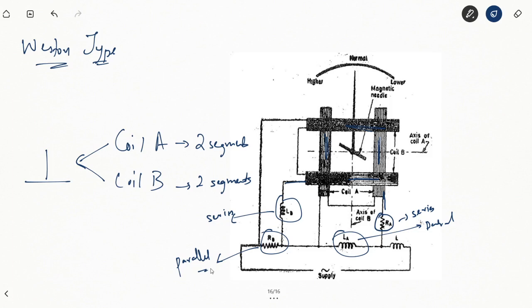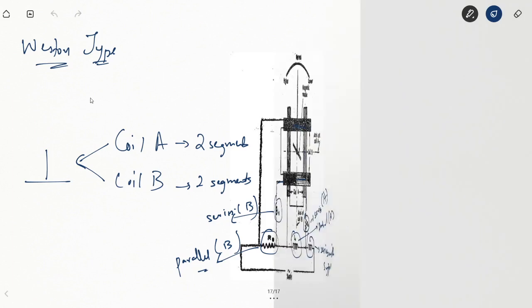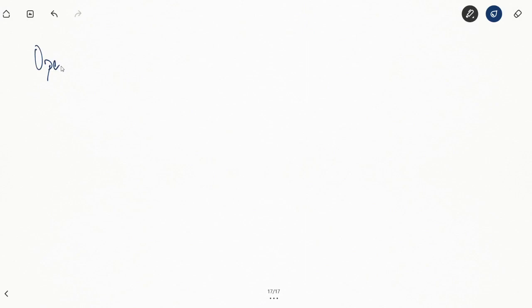And both these two coils are connected to the supply voltage through an inductance L. This is in series with the supply, this is in series with coil A, this is in parallel with coil A, this is in series with coil B, this is in parallel with coil B. So this is the construction of this device. Now moving on to the operation of this frequency measurement device.